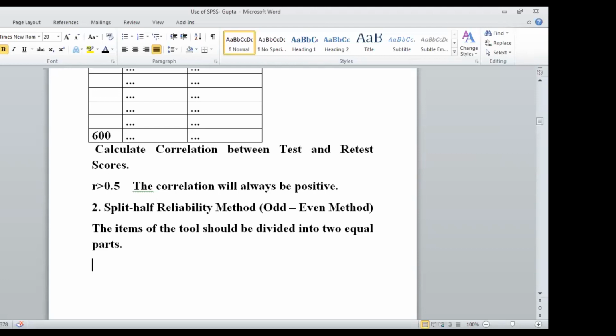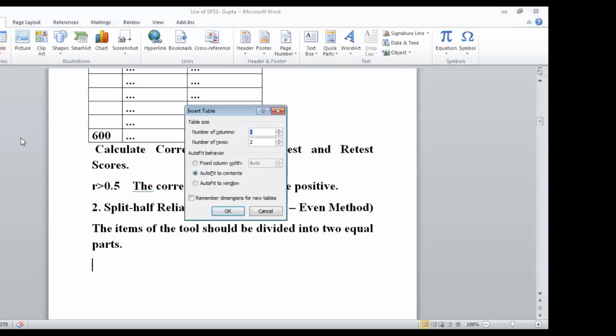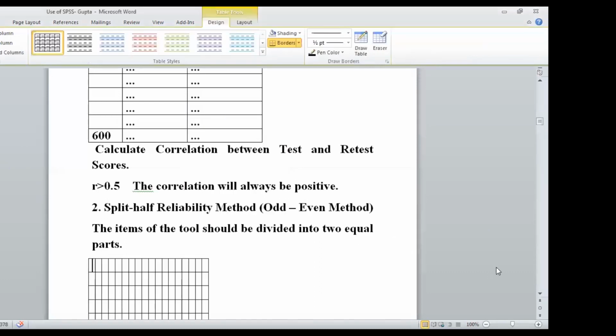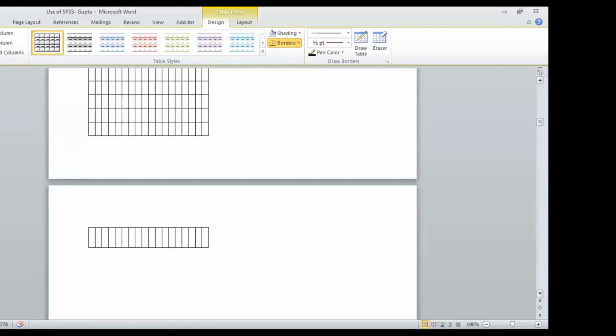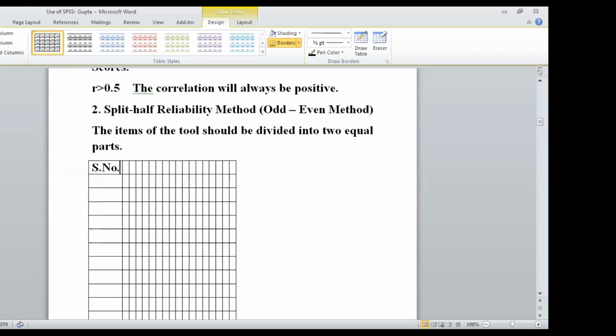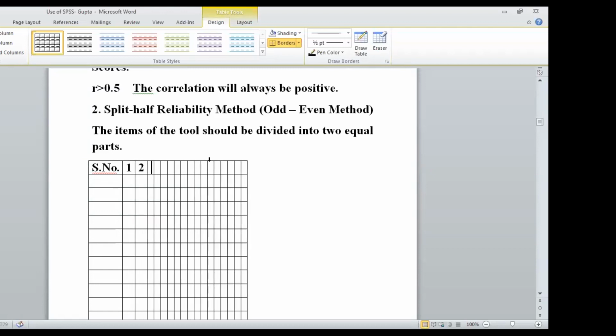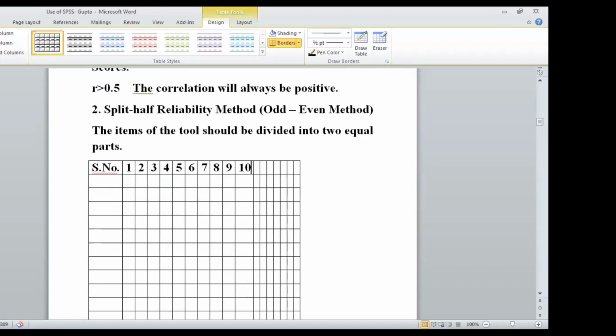So what you can do is something like this. Suppose here is a serial number, and here is your item 1, 2, 3, 4, 5, 6, 7, 8, 9, 10, and like this.